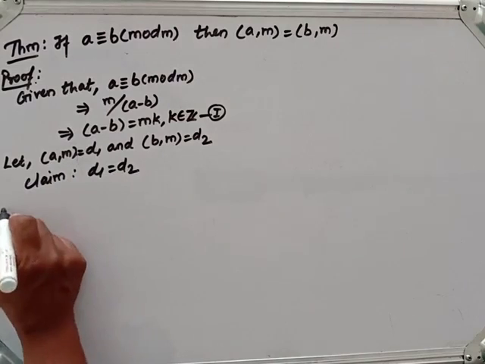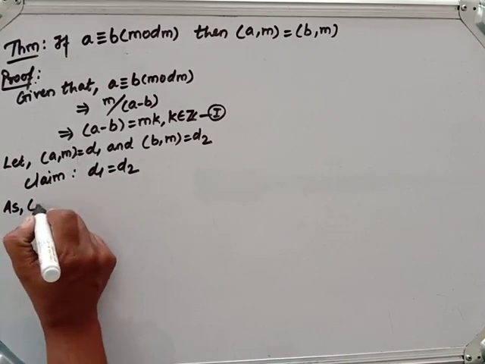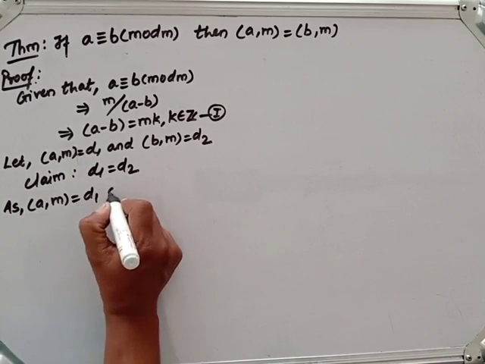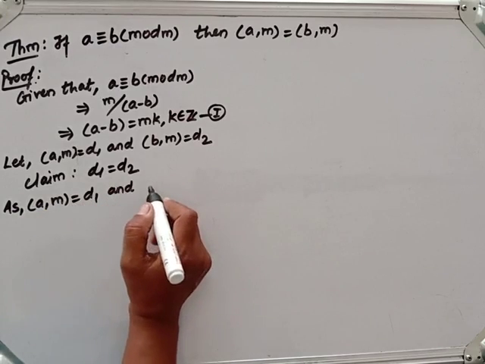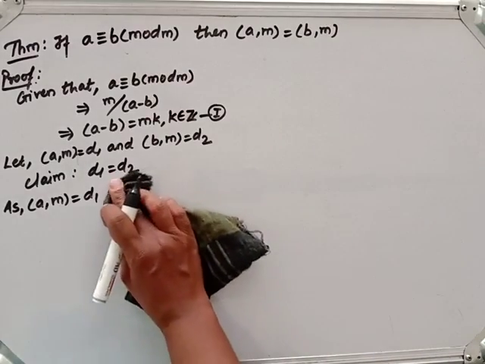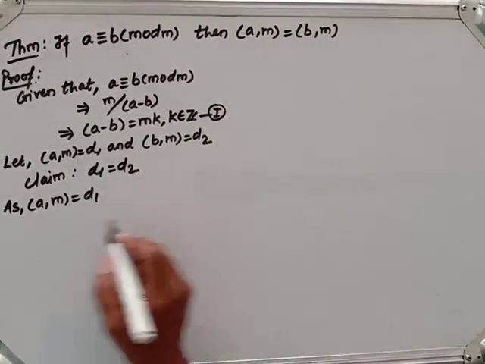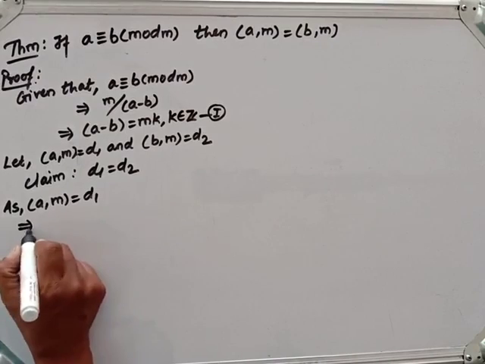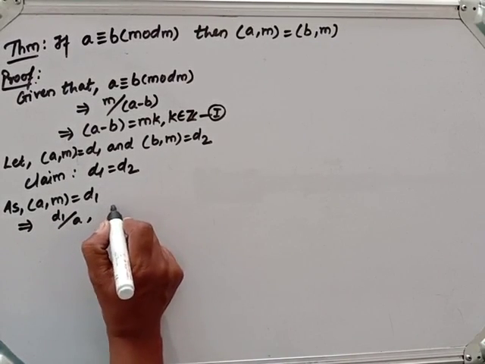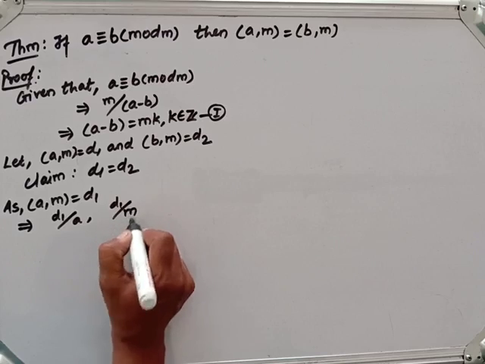Now, as the GCD of A and M is D1, let me use this itself. So what does this give? This gives D1 divides A and D1 divides M also. Fine.